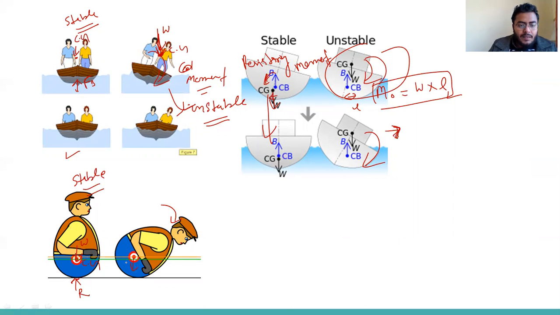See, the center of gravity is here, so the weight will act here, and the point of reaction is here. So between this weight and reaction, it will feel a moment. This is called the resisting moment.